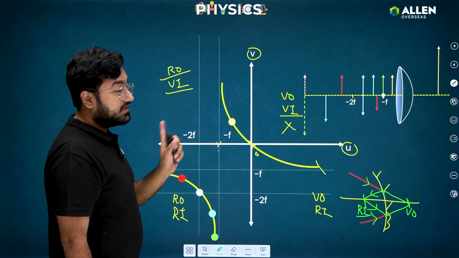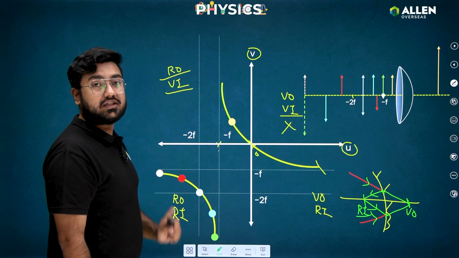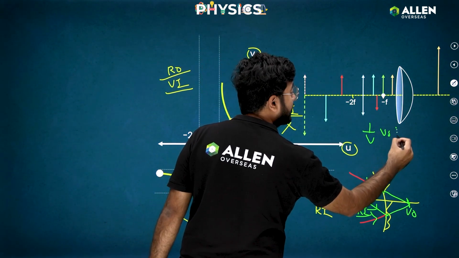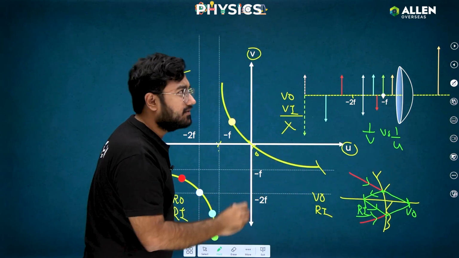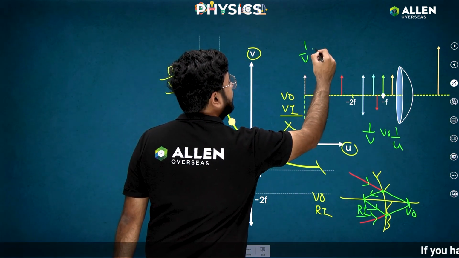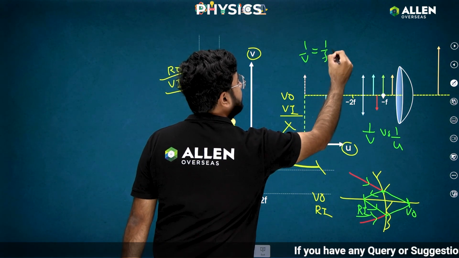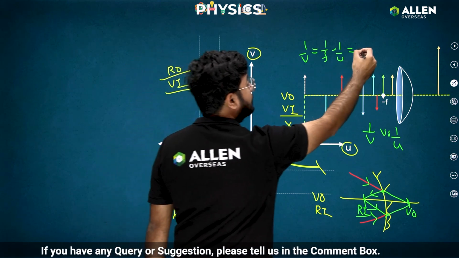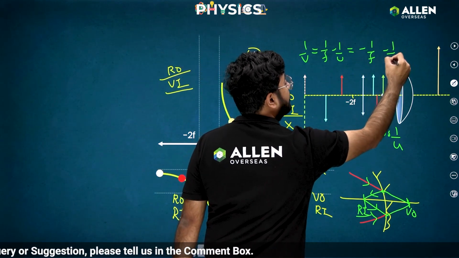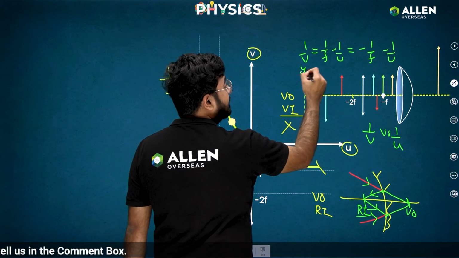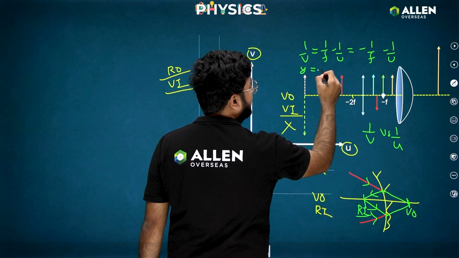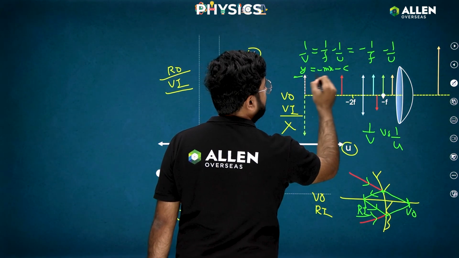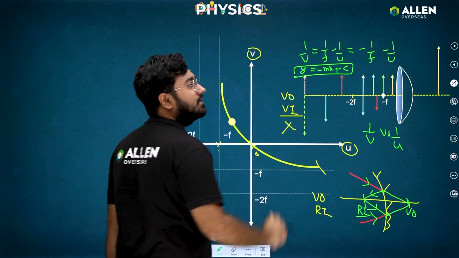Now this is a curve between V and U. There is one more important curve, and that is of 1 by V versus 1 by U. This is easy. 1 by V is equal to 1 by F minus 1 by U, and for this concave mirror it is minus F, so minus 1 by F minus 1 by U. So this is y equals minus mx minus C, or plus C which has a negative value.